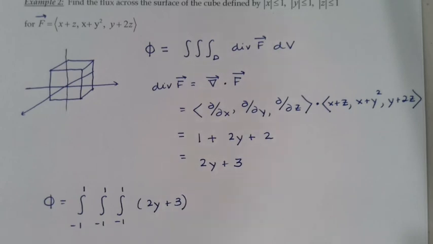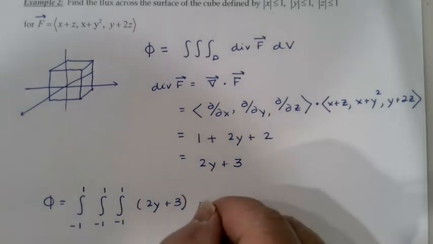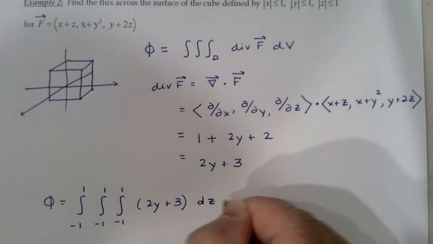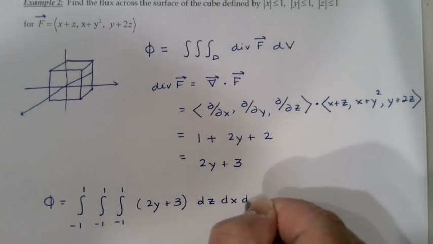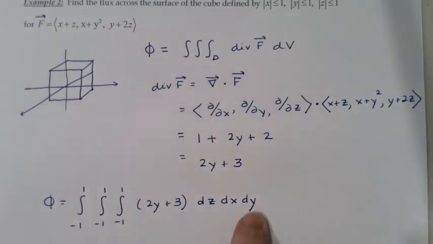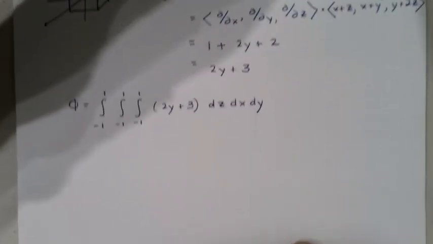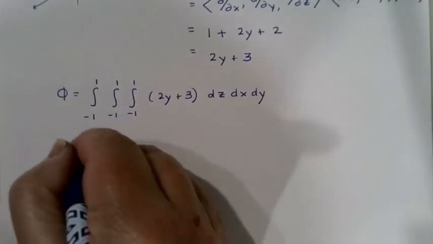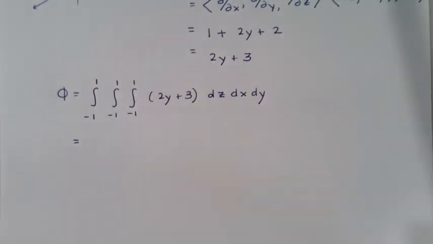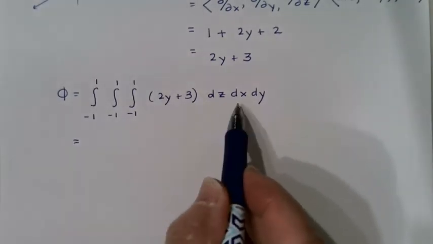But I'm going to show you I can really do this kind of slick if I choose dz, dx, dy. I deliberately chose dy last because y is the only actual variable in the integrand. What that actually allows me to do is to use the shortcut on both of the first two integrals.